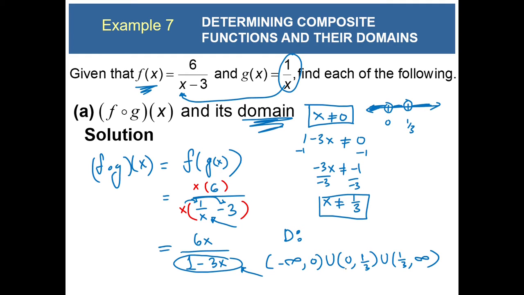So this is our domain. We're excluding 0 and 1/3 because 0 would cause our second step to be undefined and 1/3 would cause our last step to be undefined.